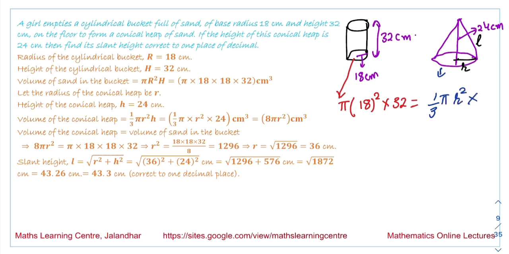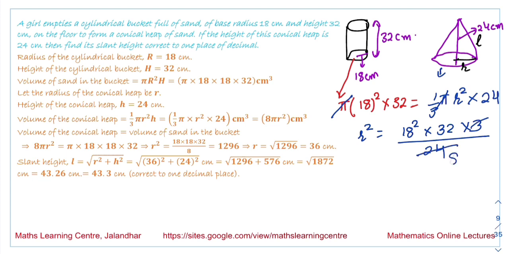So this pi gets cancelled, and the value of r square will be 18 square into 32 into 3 upon 24. Now on solving, we get the value of r equal to 18 into 2, that is equal to 36 centimeter. So the radius we obtain is 36 centimeter.